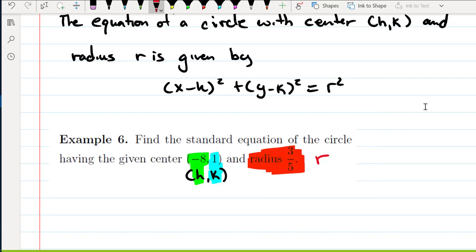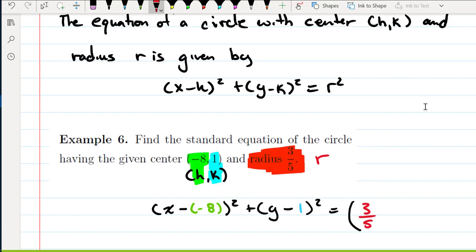So if I put all of those into my equation, it's going to be x minus h, so minus -8, squared, plus y minus k, which is 1, squared, is equal to r squared, and our r is 3/5 squared.